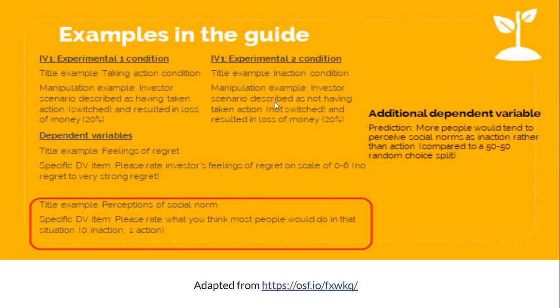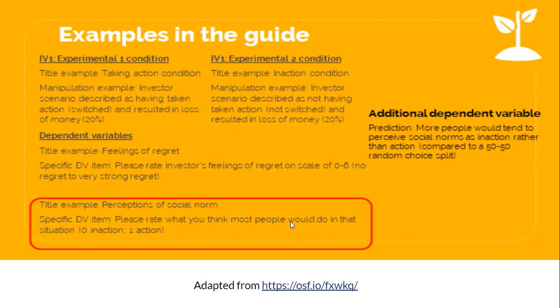The hypothesis is that people would associate more regret with the action compared to inaction. And in this case, apart from asking participants which investor will experience more regret, given action versus inaction negative outcomes, the perception of the social norm direction is added here, as you can see, as a DV item: please rate what you think most people would do in that situation.